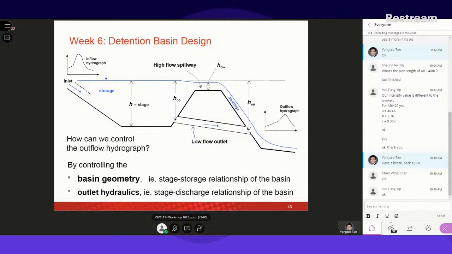Detention basin design. So how can we control the outflow hydrograph? There are two ways we can control the outflow hydrograph. One is the basin geometry. Geometry means the stage, the height of water, and the storage, that means the volume of water relation. For example, a large detention basin can hold more water and can reduce the peak flow.